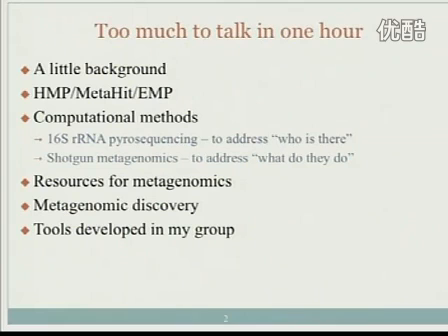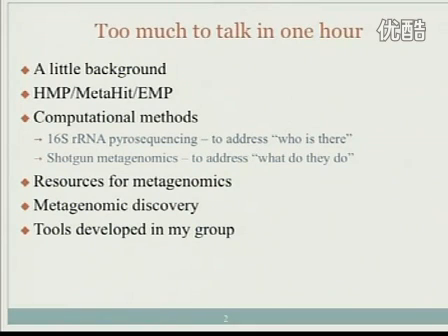But if you really care about the functional content, you need to do shotgun sequencing. If you get a sample from a human body, you want to get reads from all different kinds of genes from that whole collection of genomes. And from there, you want to guess what functions those microbial organisms might encode.